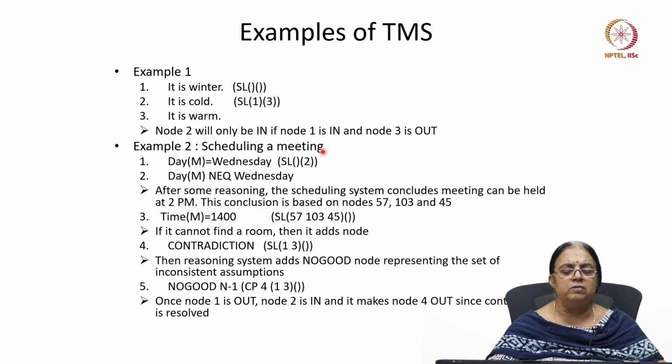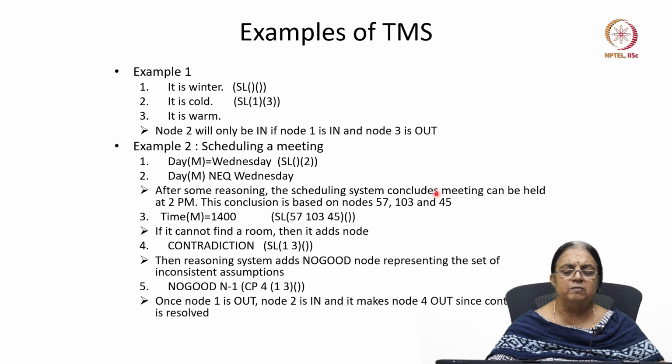Then how would you do scheduling a meeting? First you take day of the meeting M is equal to Wednesday, which has to have the 2 be out. So at present either 1 is in or 2 is in, and let's say 2 is out, so we are going to consider this.